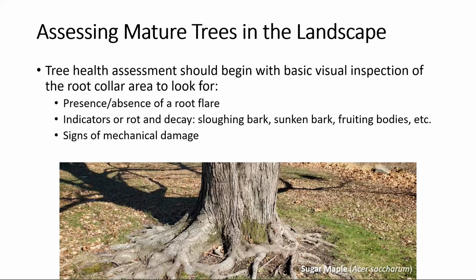A lot of times I have clients send me a picture of that root flare or the absence of it. That's the start of any tree health assessment for me. I'm looking for the presence or absence of that root flare, and a lot of the signs we've talked about before: fruiting bodies, sloughing bark, sunken bark, signs of mechanical damage. In any ailing tree, that's one of the first things I look at.